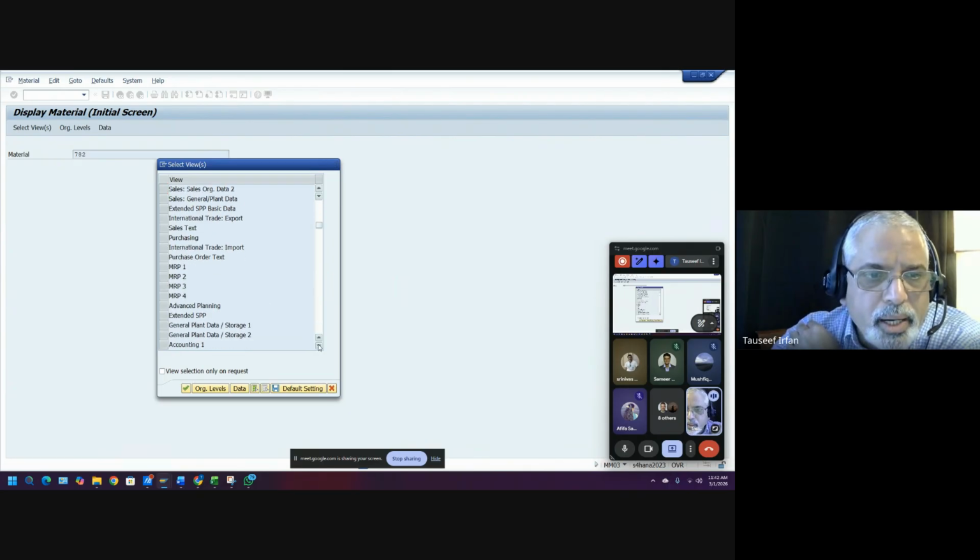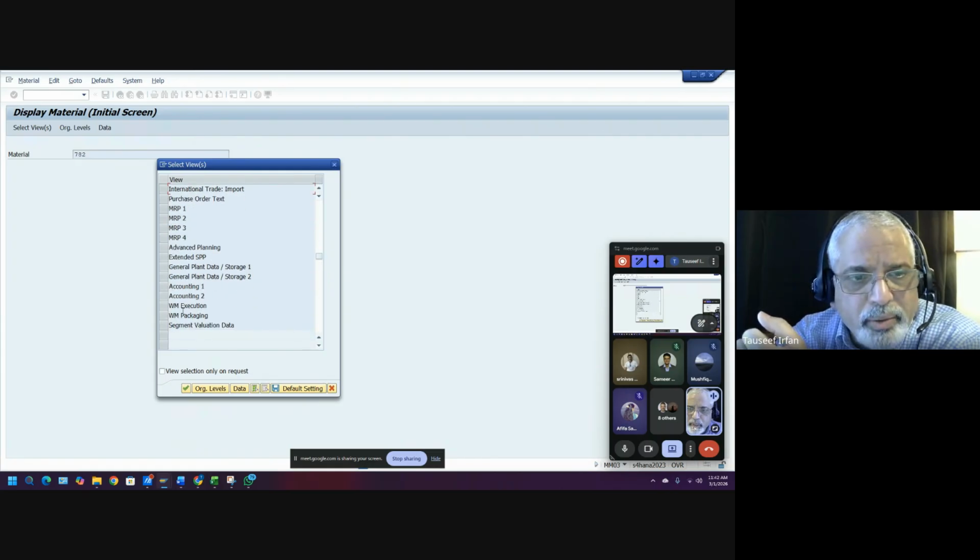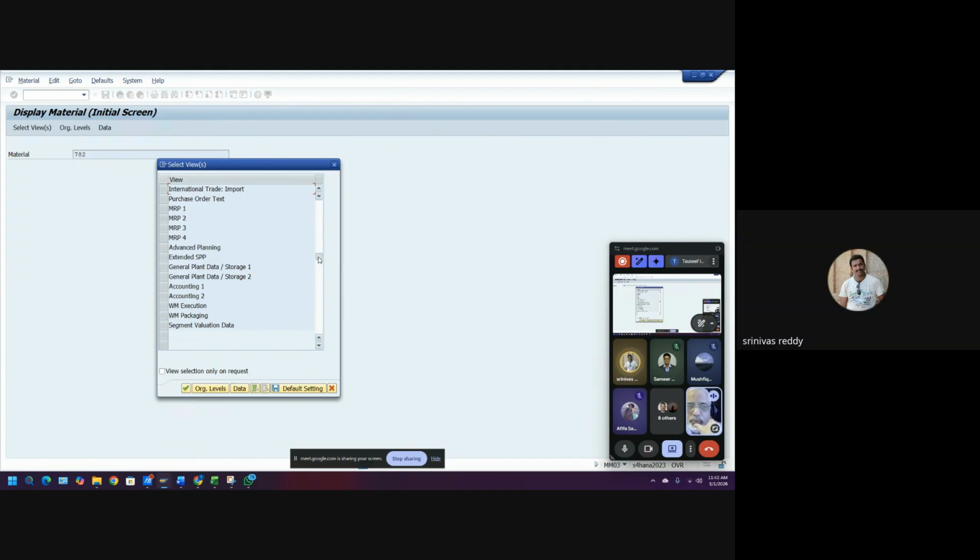Then we have storage level data also. Accounting is important because MM-FI integration is going on, so we need to understand the accounting side of the pricing, the valuation class, all that. We'll not cover much of the warehousing, but in the EWM class we will cover that part. But all these views.